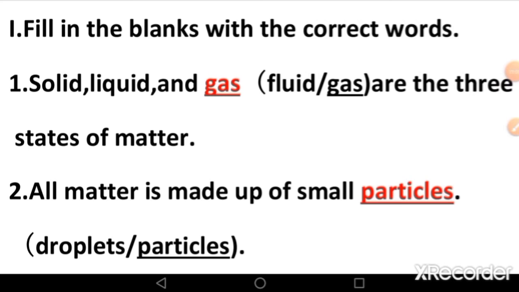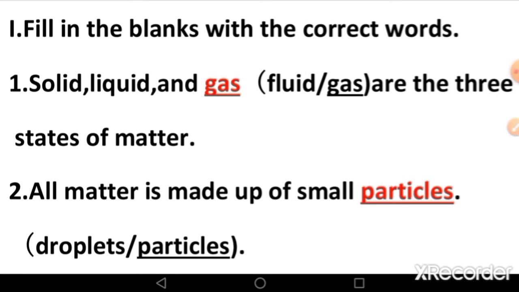We all know that any substance that has mass and occupies space is called matter, and all matter is made up of small particles, and these particles are arranged in different ways, not in the same way, in solid, liquid and gas.